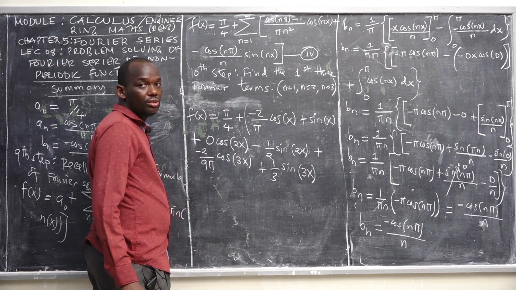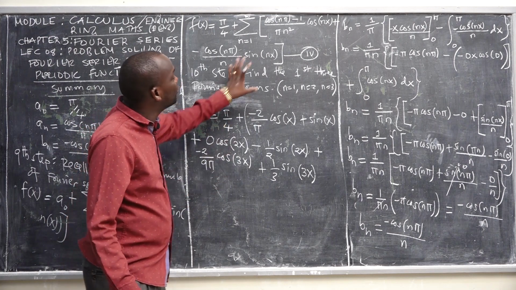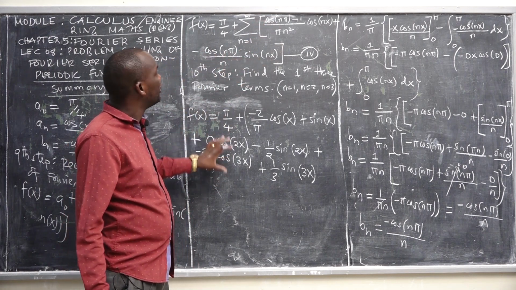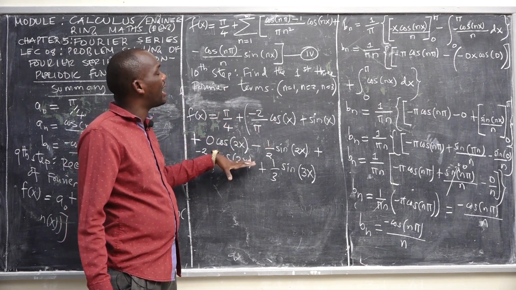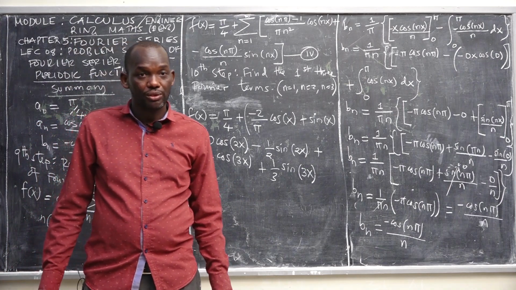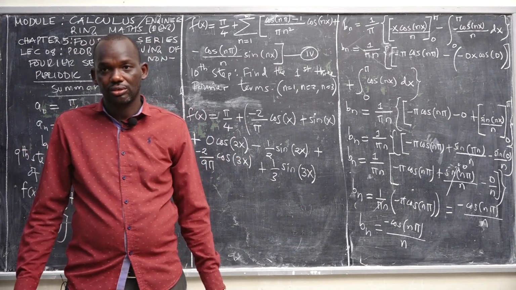We have already 3 terms. Why should you find the 3 terms for an and bn? Because sometimes, in some cases, if you find only maybe 2 terms, then you find the second term is 0. So you won't have a series at all, because a series consists of at least more than 2 terms.